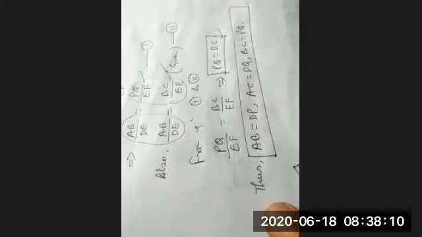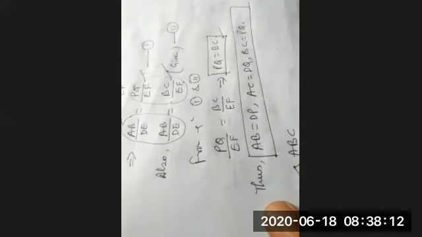Thus AB is equal to DP, AC equal to DQ, and BC equal to PQ. This we have got from the above discussion. So in this way, you can say that triangle ABC is congruent to triangle DPQ.